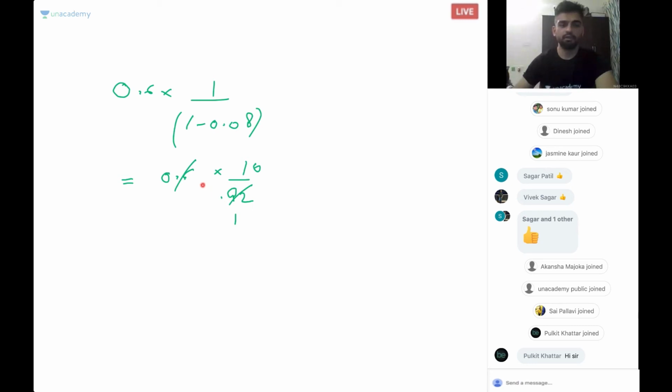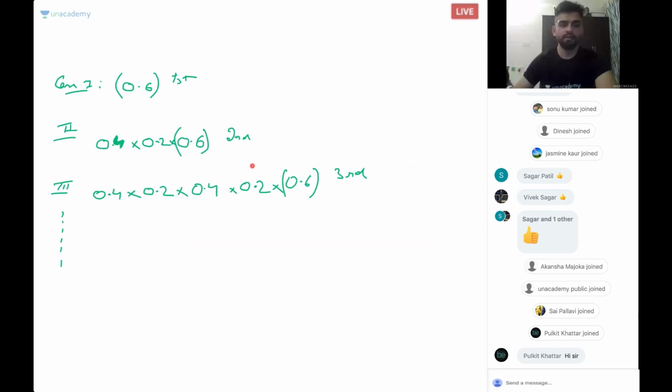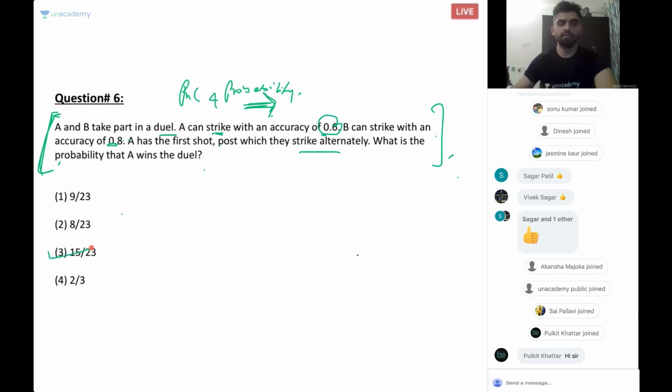This is going to be 2 3 times and 2 46 times. Okay, then this becomes 2 5 times and 2 33 times. This becomes 3 into 5, 15 upon 23. This is the probability that A wins, which is my option number 3.